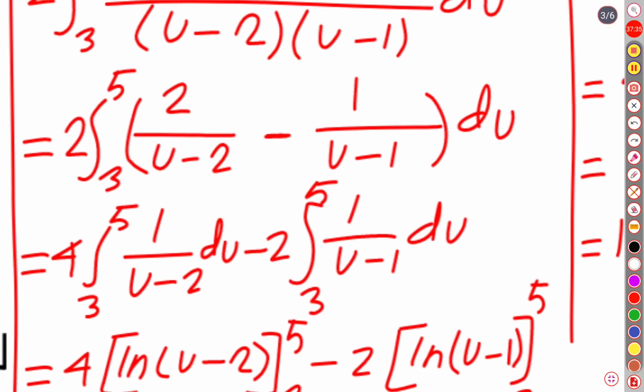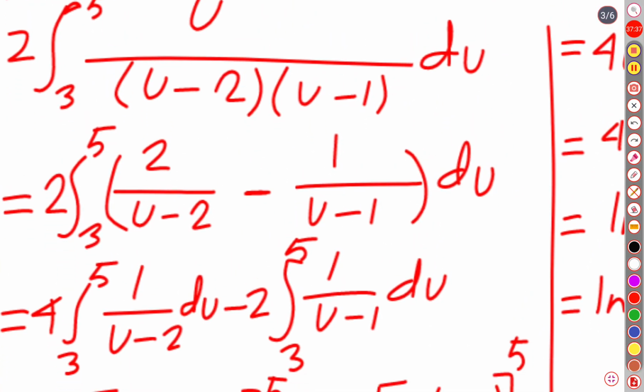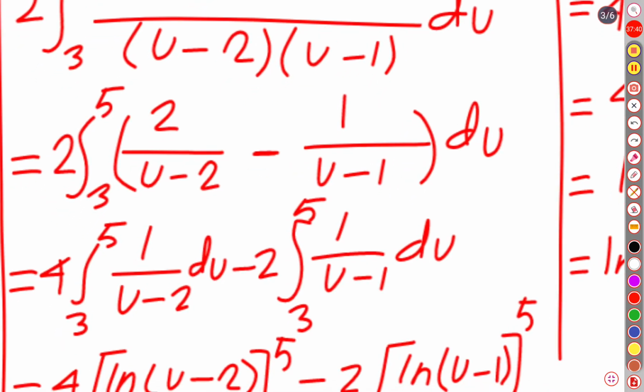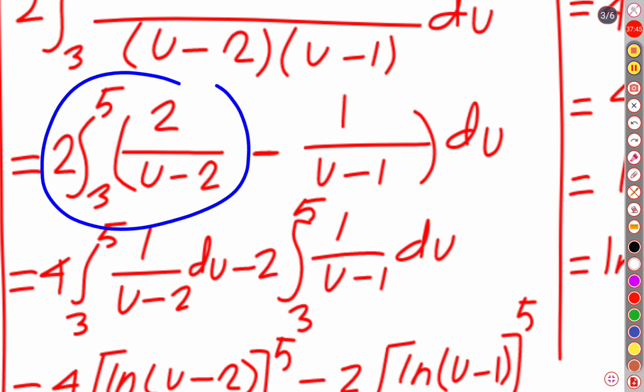So what are we going to do? We are now individualizing them. This is actually integration by parts. There are two functions, so individually we are writing.